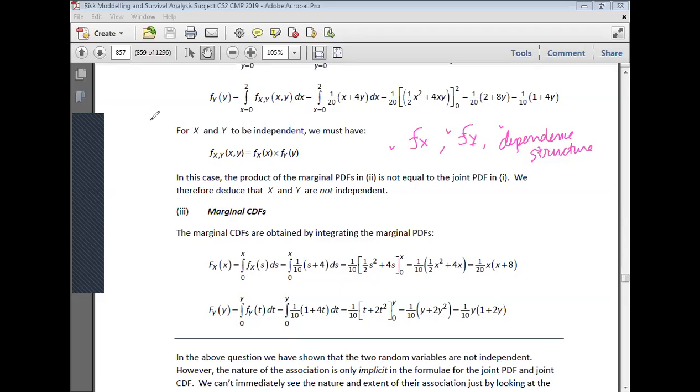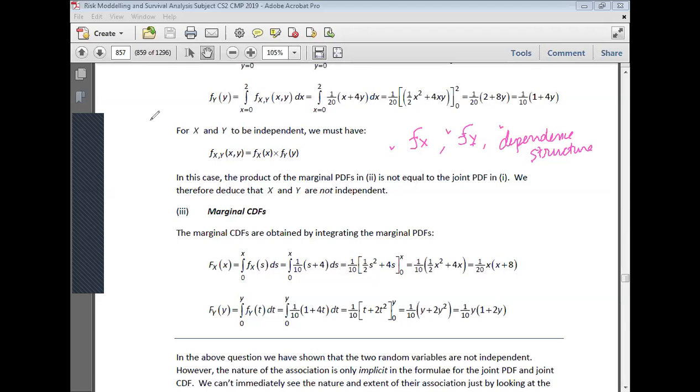The very first time when we integrated twice to determine the joint CDF, that itself will not tell you anything about the association between the X variable and the Y variable. This whole chapter is going to be about how the copula comes in handy when we have to determine the nature of association between these random variables.